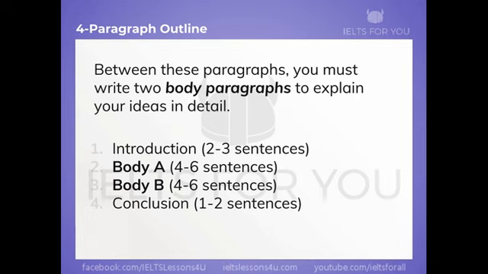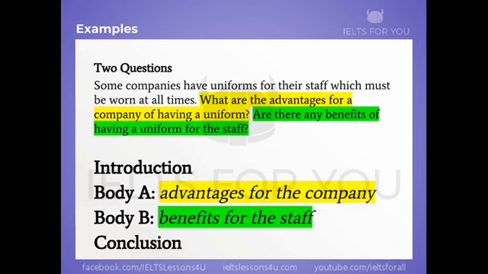As you can see, these body paragraphs should be 4 to 6 sentences long, and Lesson 2 covers how to write a very clear, simple, and logical body paragraph. So body paragraphs are covered in Lesson 2, introductions in Lesson 3, and conclusions in Lesson 4. Let's look at some examples about how to apply this simple structure, this simple outline, to 2-question essays.